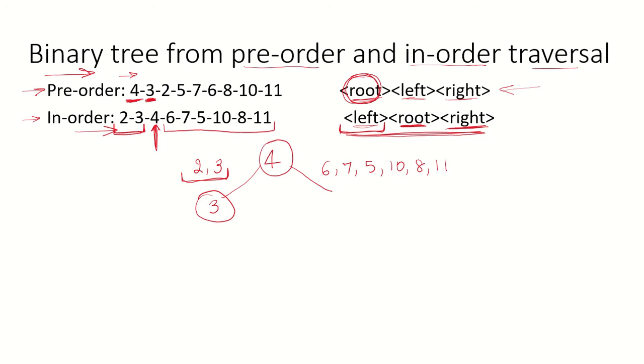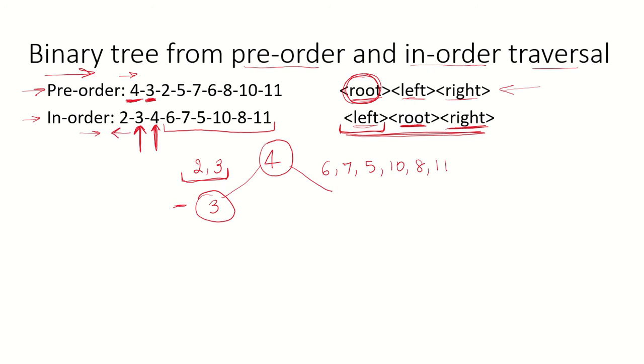Now we need to know whether 2 belongs to the left subtree of 3 or the right subtree of 3. For that, again we check the in-order traversal. We scan this and find the root element 3. For 3, 2 is occurring on the left hand side of 3.